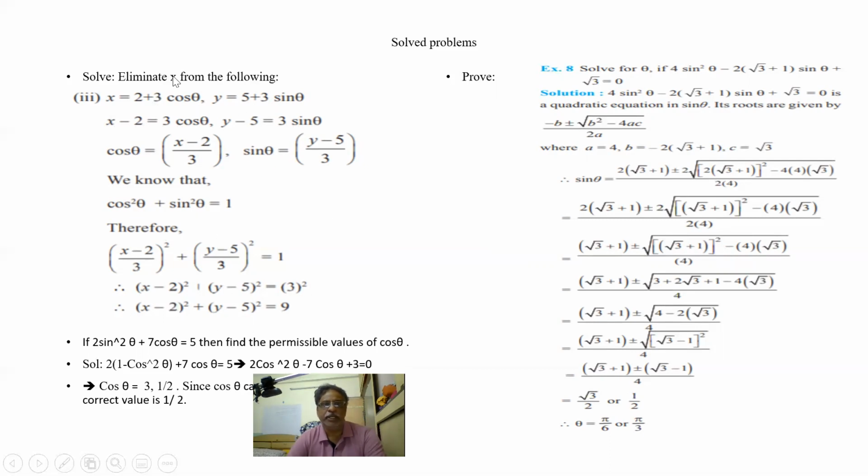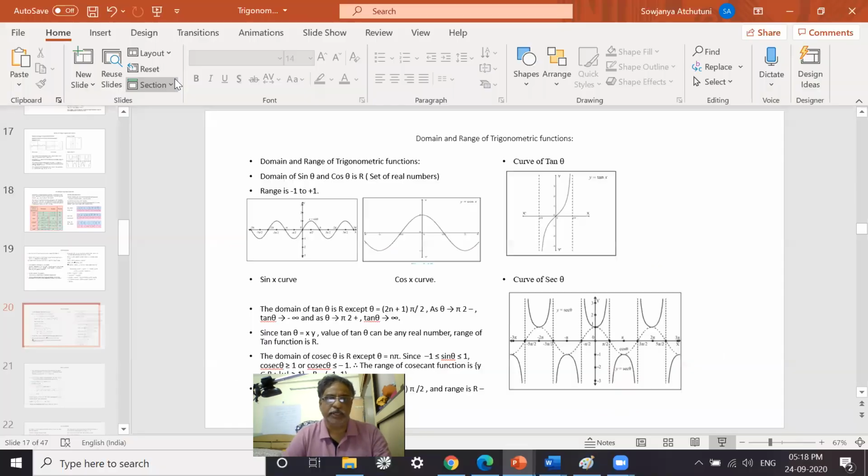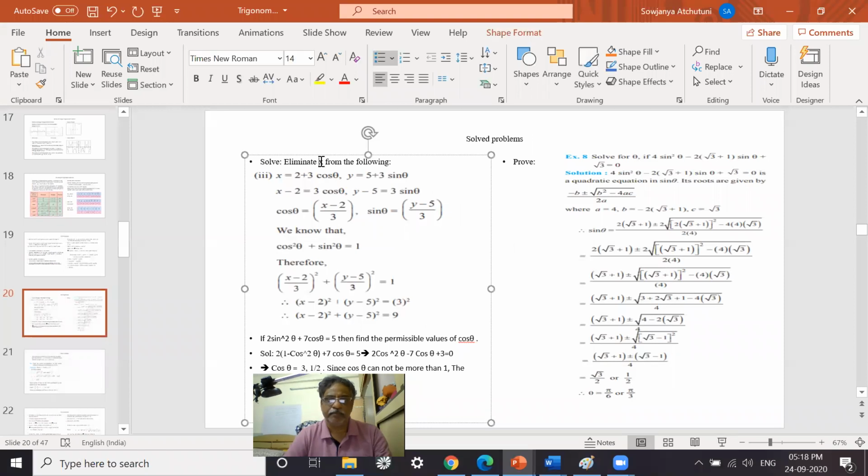It is not eliminate x, it is eliminate theta from the following.